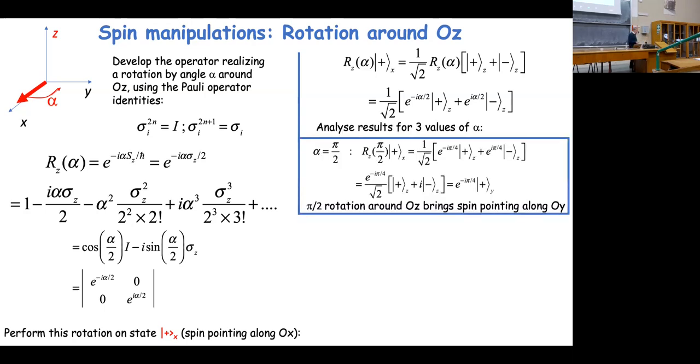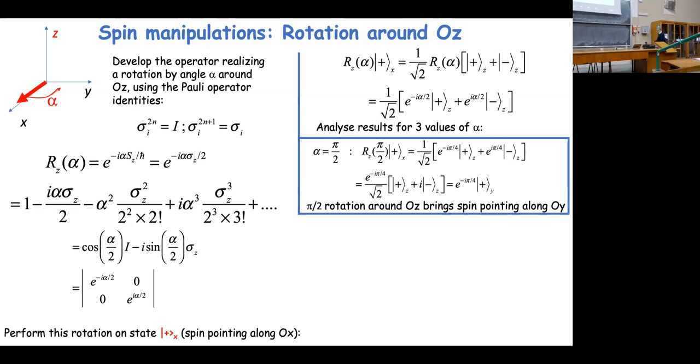You get what I have written here. And without surprise, you find a state which is now plus i times minus. This state is a plus state along the y direction with a phase factor in front, but so you have now the state along y.